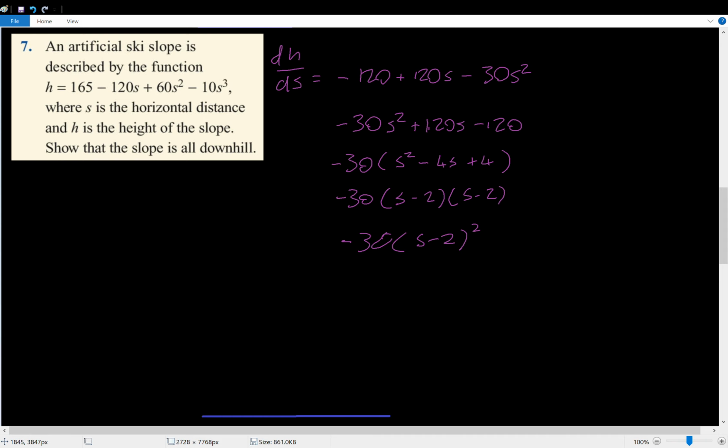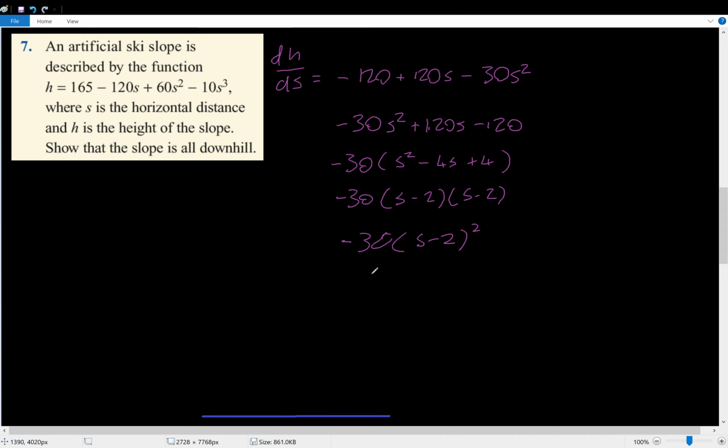And the reason we factorize this is because from here we can go about reasoning out why the slope is all downhill. For the slope to be all downhill, it would mean that dh ds is going to have a negative slope for any value of s.